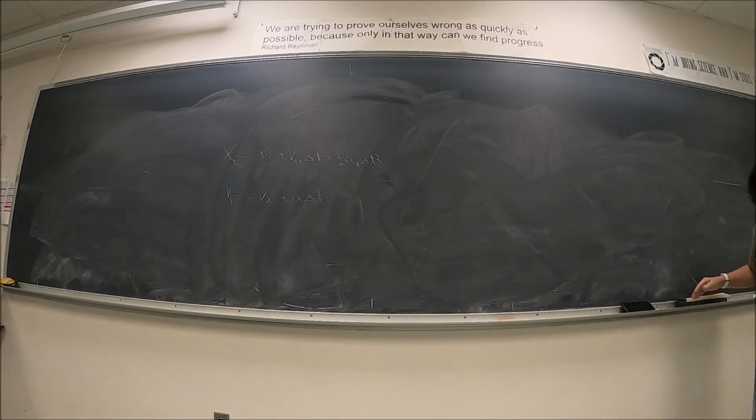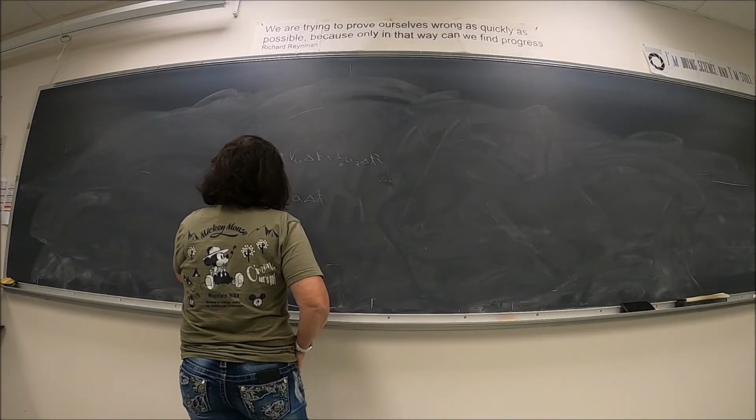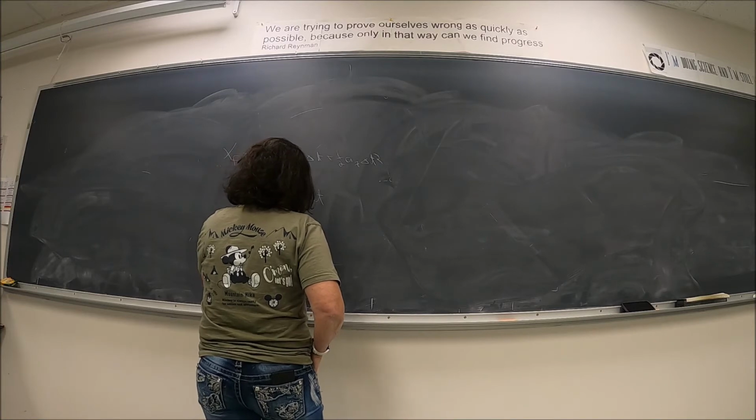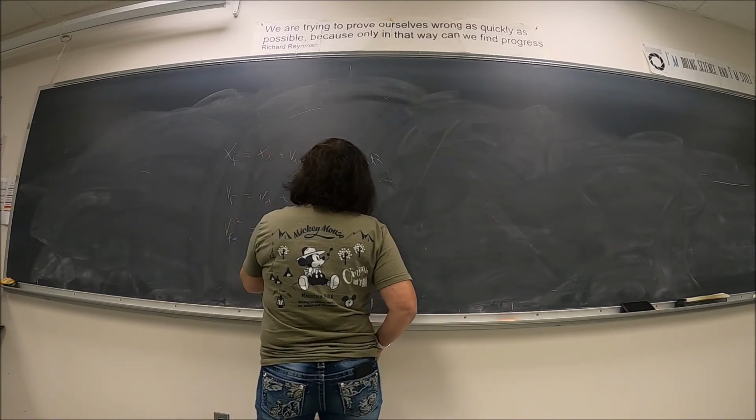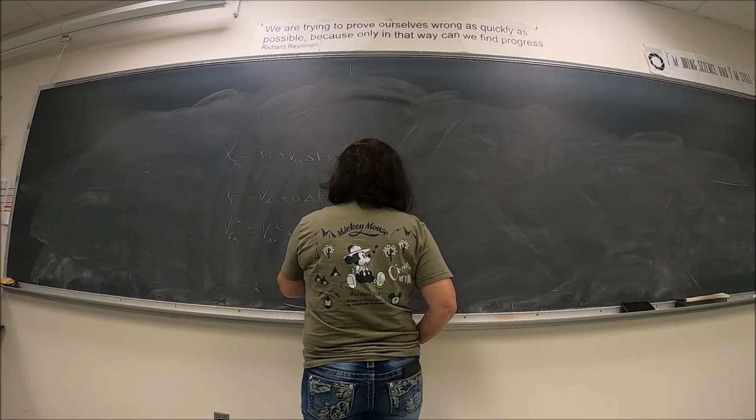Okay, now there's one more equation that we can eke out of all of this. The last equation I'm just going to give you, I'm not going to worry about deriving it. It says v final x squared equals v initial x squared plus 2 a x delta x.